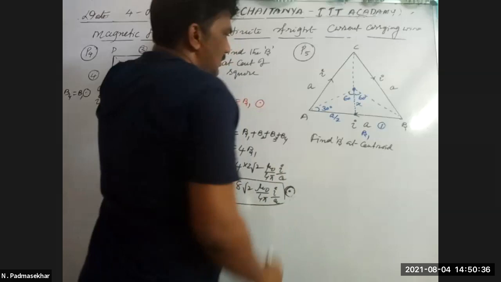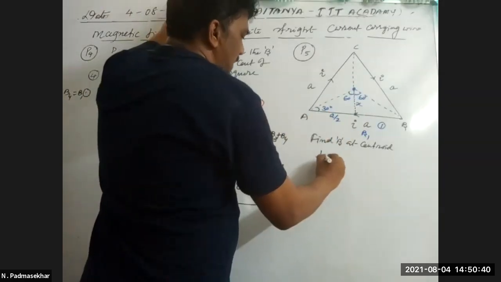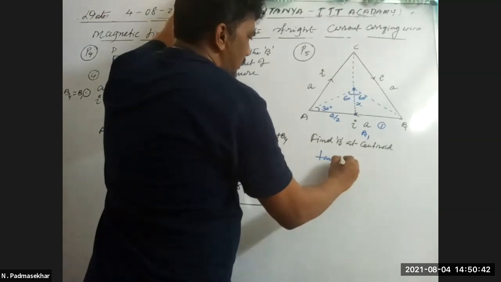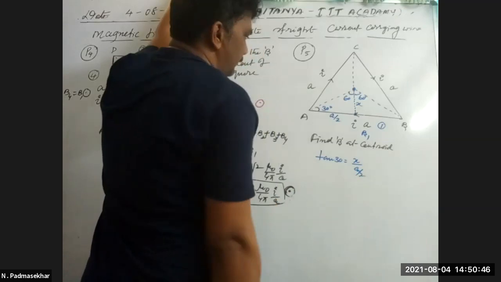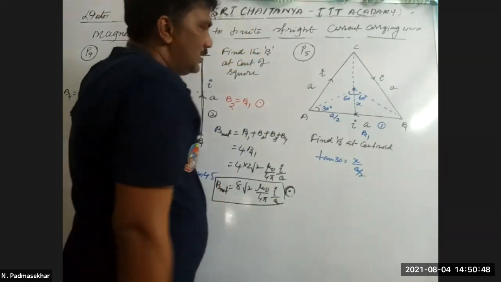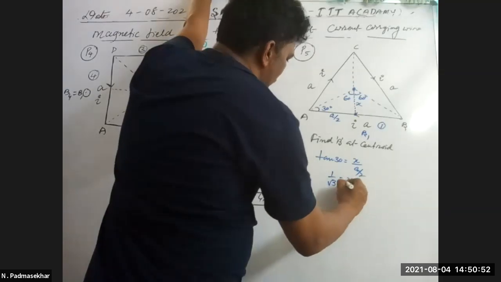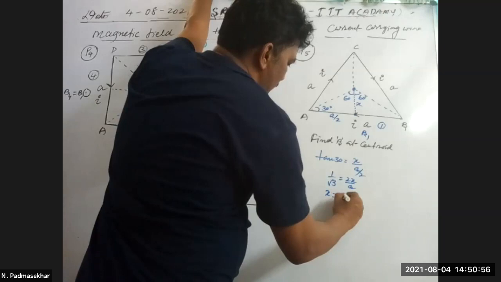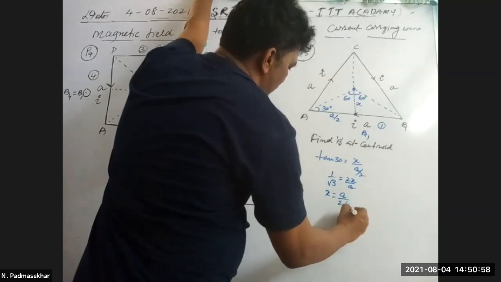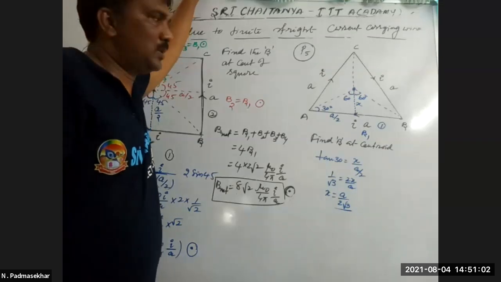Taking this triangle, tan 30 is equal to x by a by 2. So 1 by root 3 is equal to 2x by a. So x is equal to a by 2 root 3.